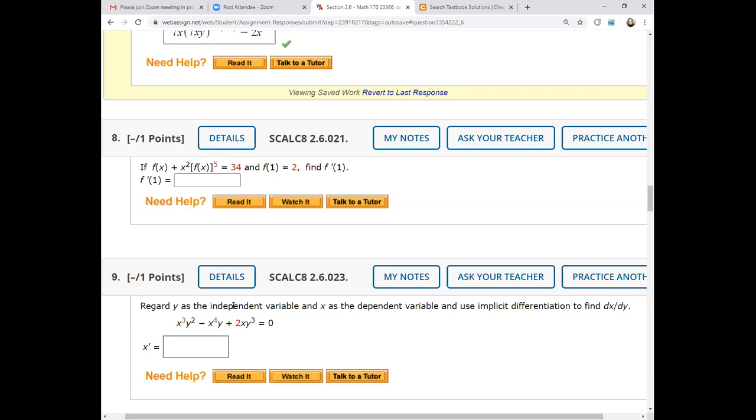No. When you have the 80 f prime of 1 plus the f prime of 1, that becomes 81, because the f prime of 1 is like 1 f prime of 1. Okay, I wasn't looking at it like that. That makes sense. So I get f prime of 1 is negative 64 over 81.